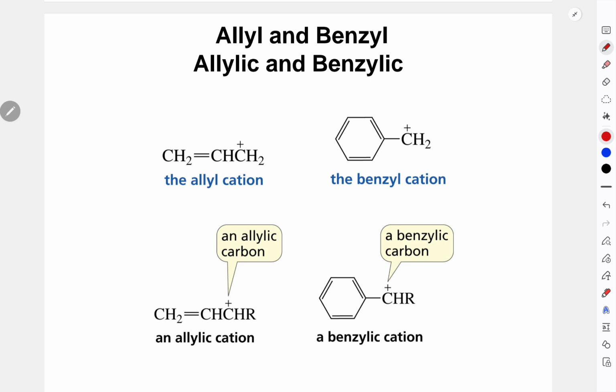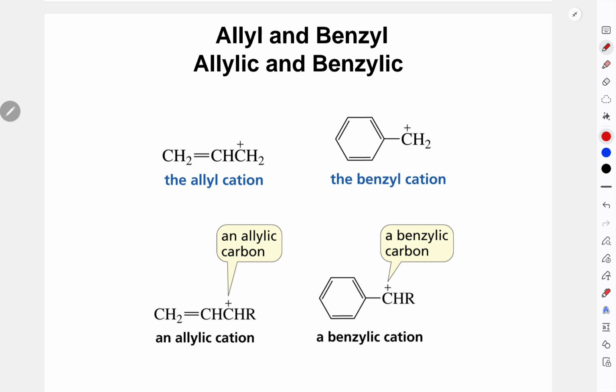And for the benzylic cation, you have the benzene ring and the carbon next to it having the positive charge. We call this position a benzylic site and this site an allylic site. For each case, if the positive charge resides on a benzylic site or allylic site, we call it a benzyl cation or allyl cation, okay?